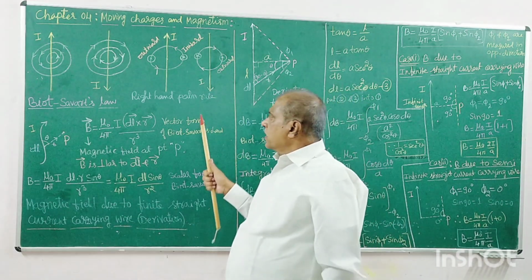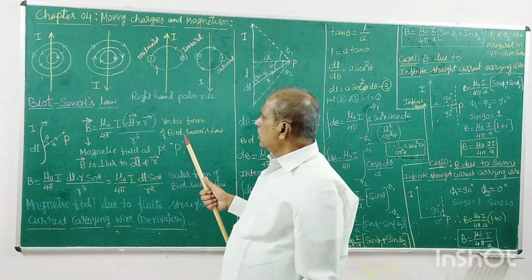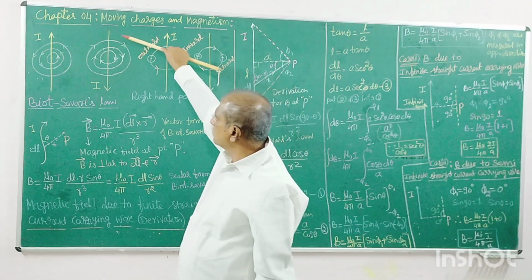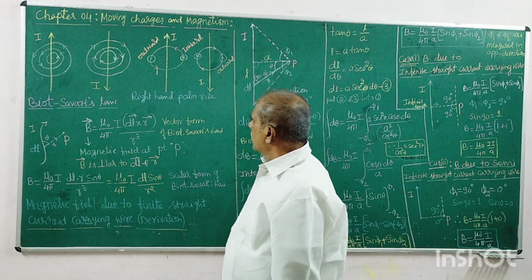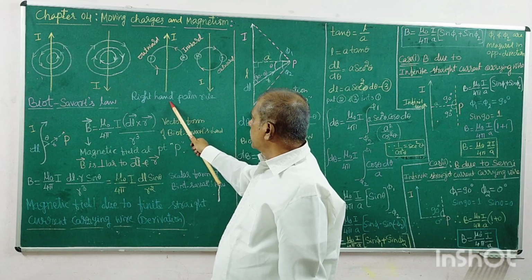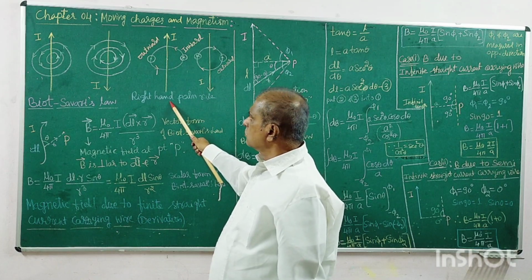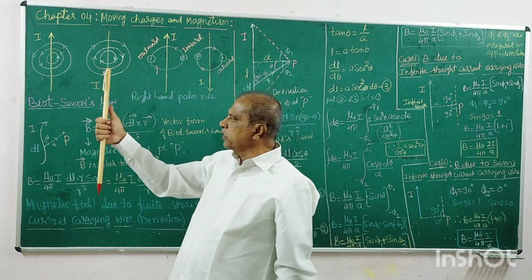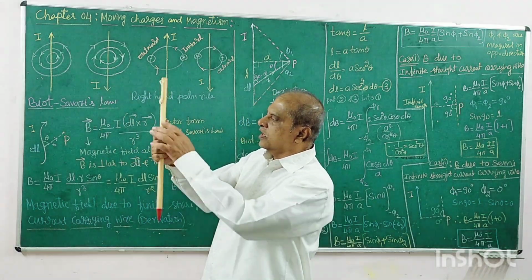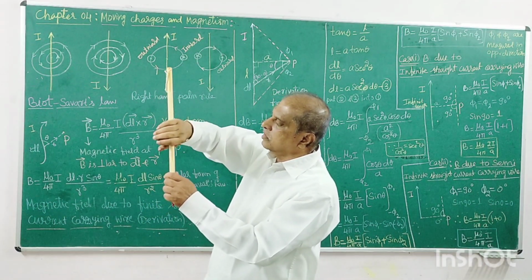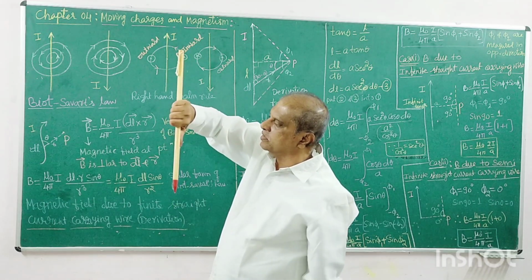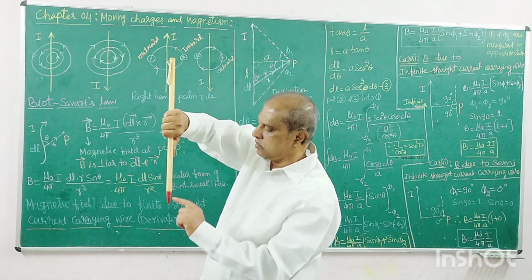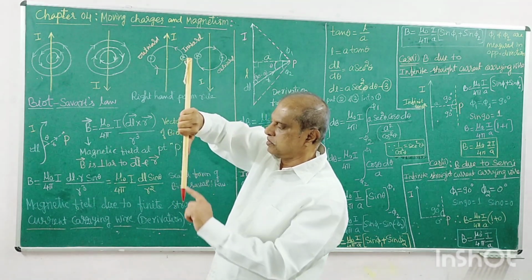If the same conductor has the direction of the current reversed like this, the same rule can be applied here also. But you do not hold it like before. Hold the conductor with the palm so that the thumb is directed towards the current.